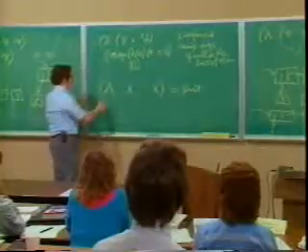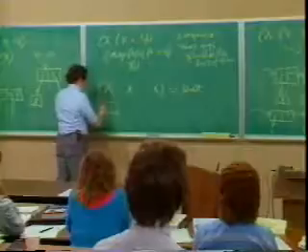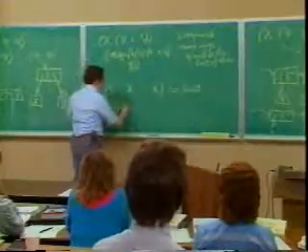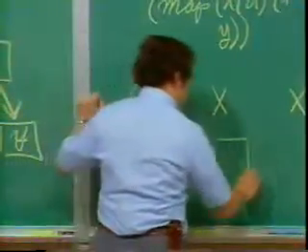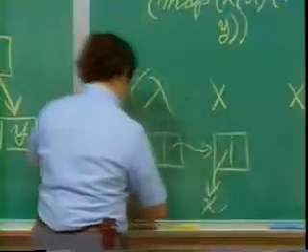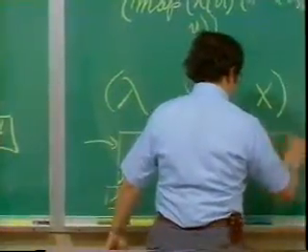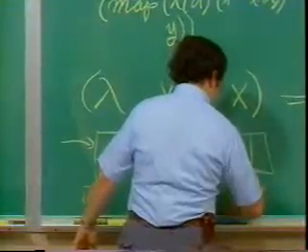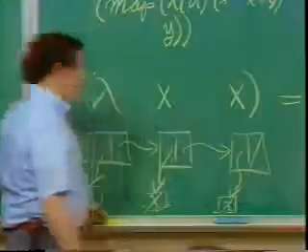Okay? This is a procedure which contains a lambda. I'm just looking at the list structure which represents this. Here's x. These are symbols. And then their body is nothing but x. Okay?